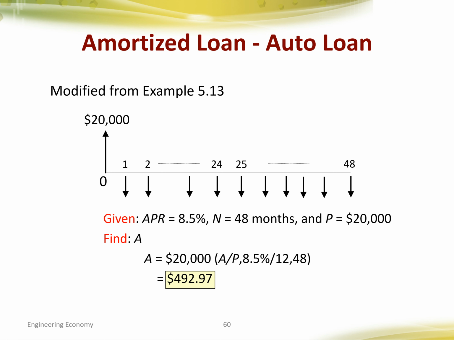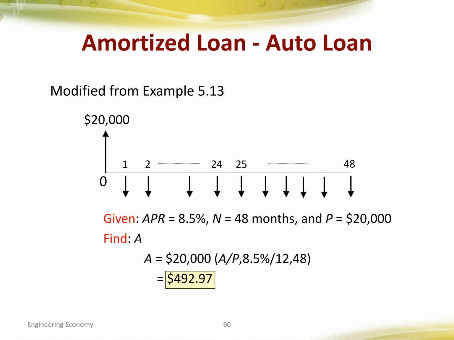Amortized loan, we have seen this already with the identical example here. You borrow money for buying the car, and this amount needs to be paid back over a 4 year period, and the APR, annual percentage rate, is 8.5%, compounded monthly.